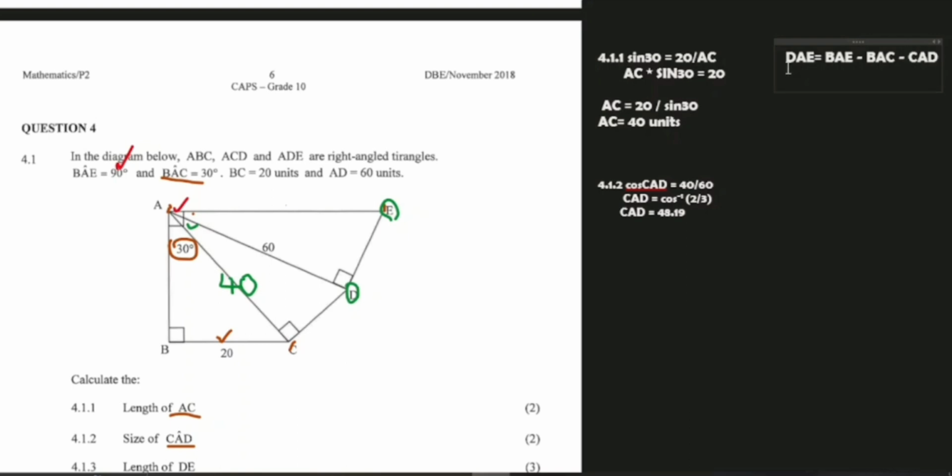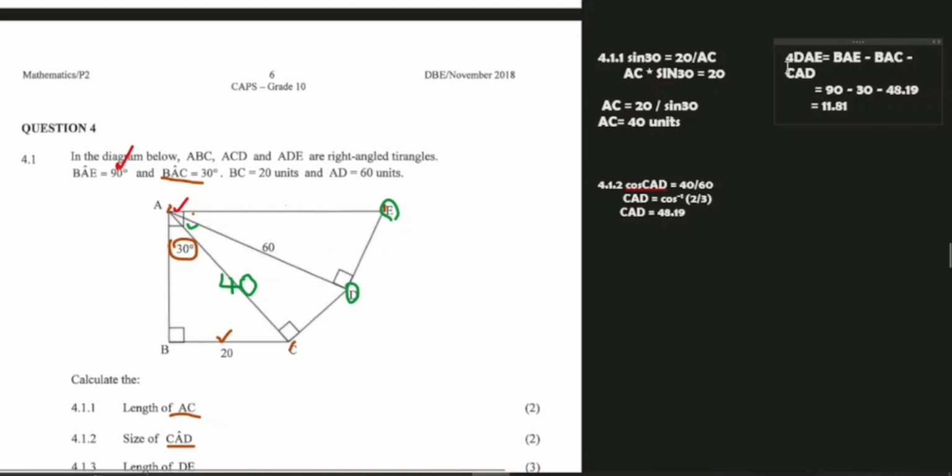So DAE is equal to 90 degrees minus 30 degrees minus 48.19 degrees. So what's DAE? 11.81.